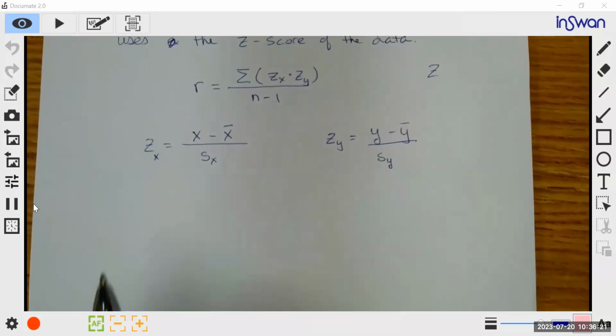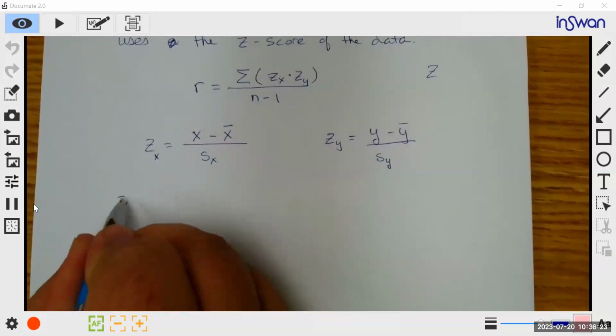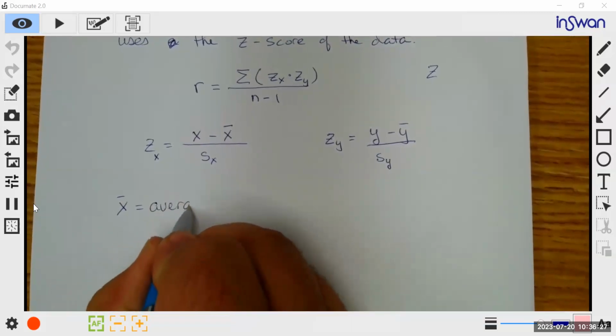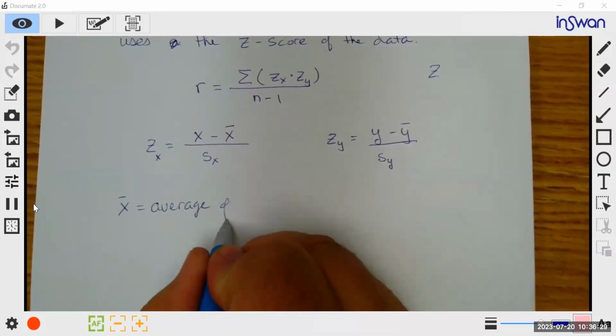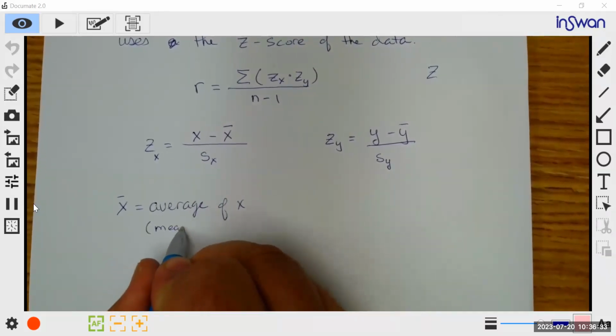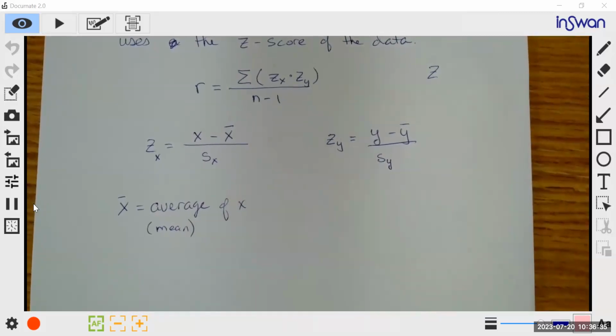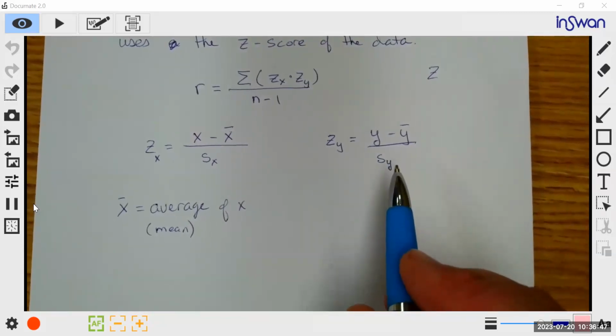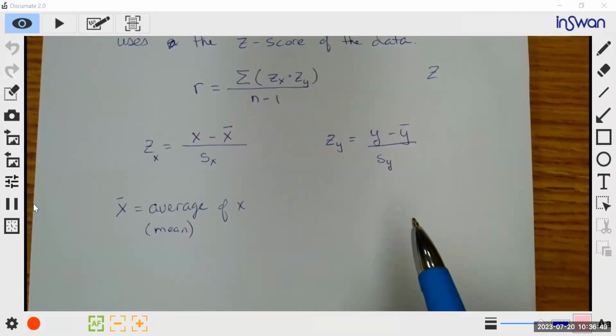X bar is the average of x, or another name for it is the mean. And the y bar is the average of the y values. How do you find the average?